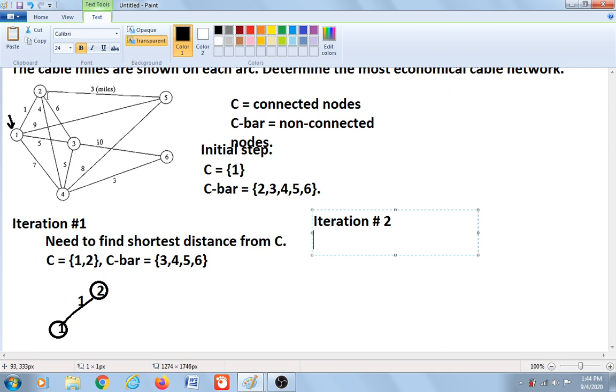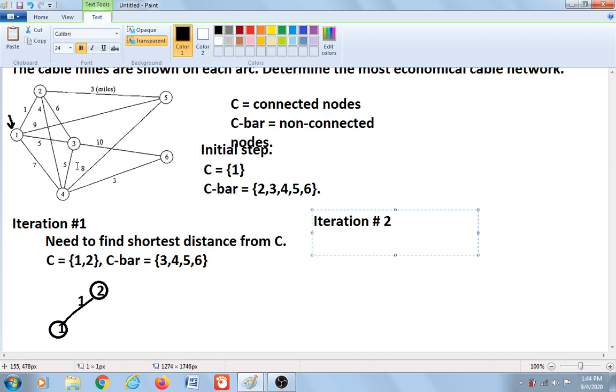So 1 and 2 are connected, so we have 9, 5, 7, and we have 4, 6, and 3. The shortest distance is 3, right? So 3 is connecting 2 and 5.